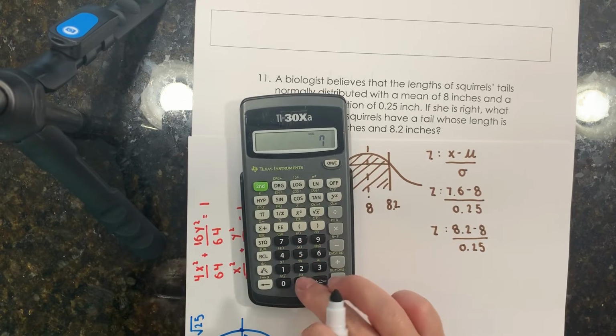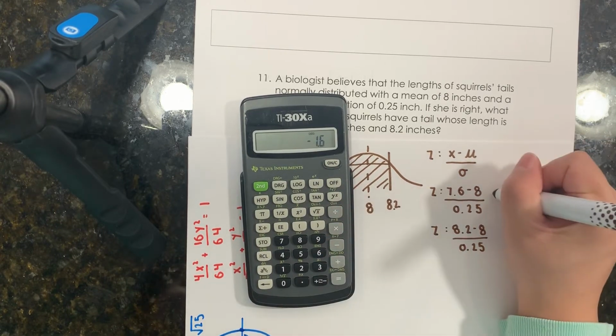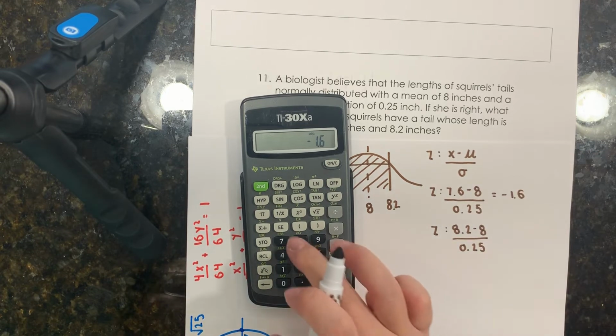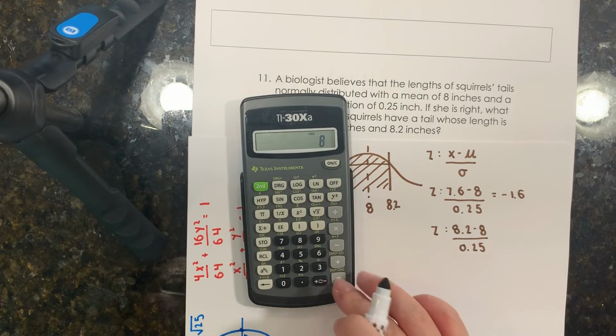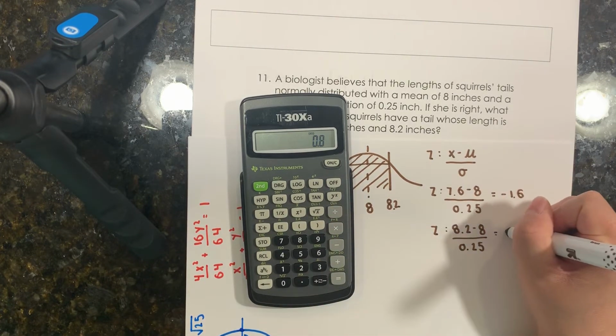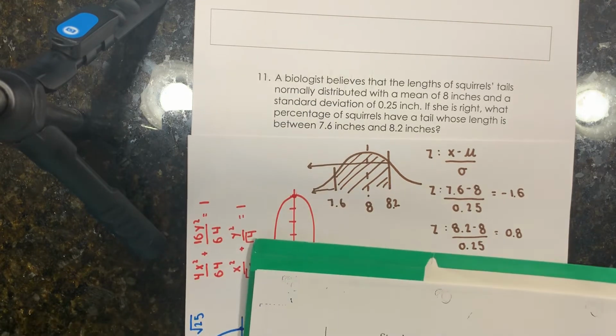So 7.6 minus 8 divided by 0.25 gives us negative 1.6. Then 8.2 minus 8 divided by 0.25 gives us positive 0.8. So now I'm going to go to my standard normal table, which tells me the percentages that are going to fall below each of these.